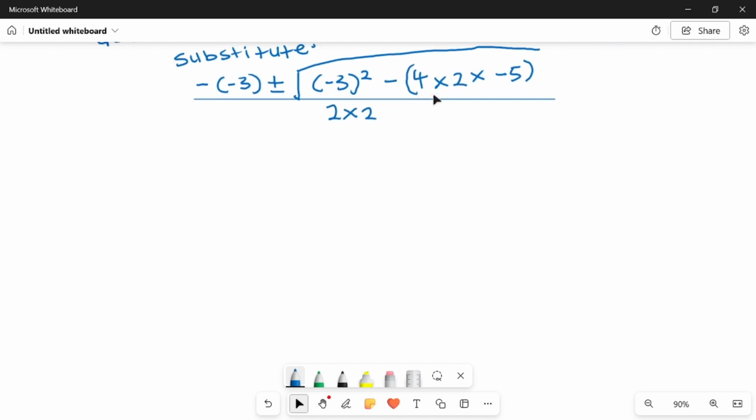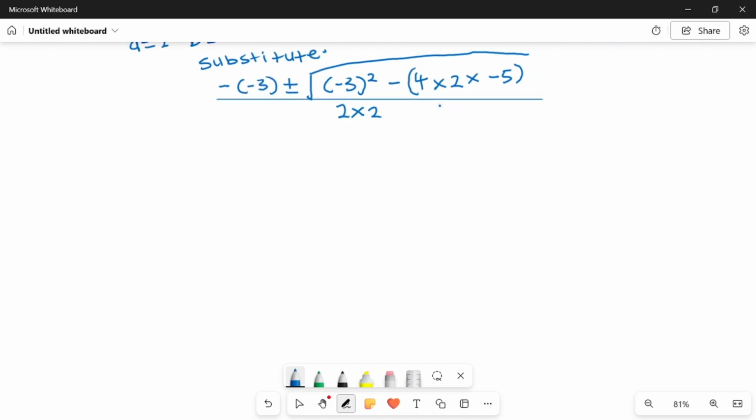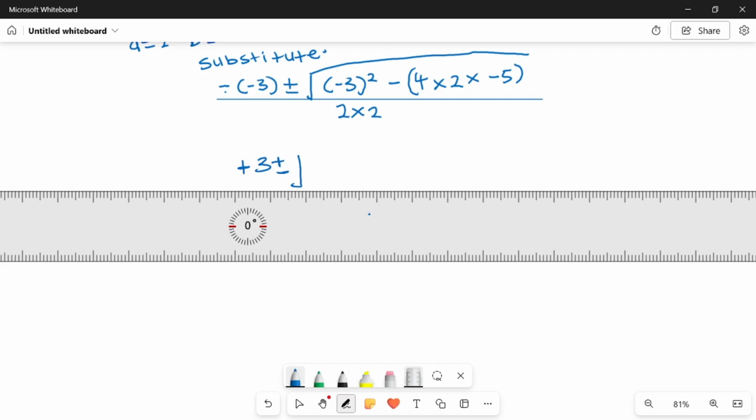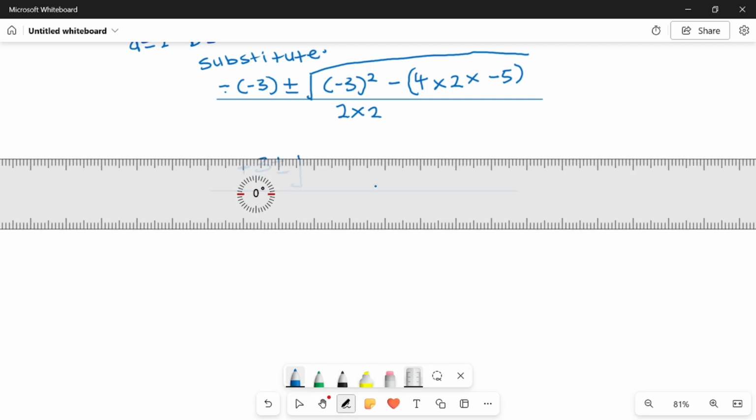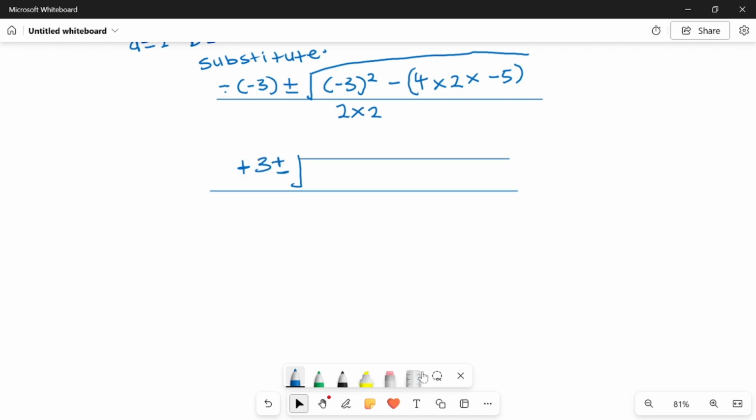So when we expand, we have minus times minus, we get plus, that's plus 3, plus or minus square root of 3 times 3 squared, which simply means 3 times 3, which is equals to 9.